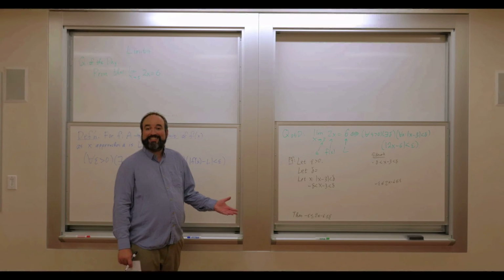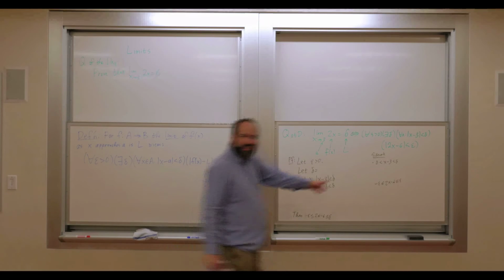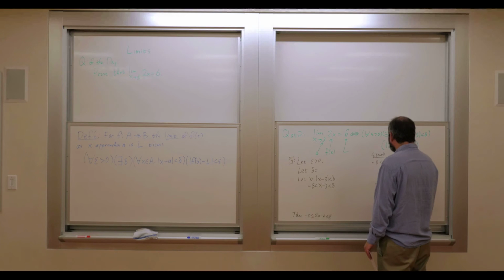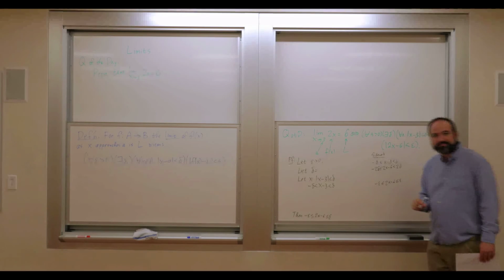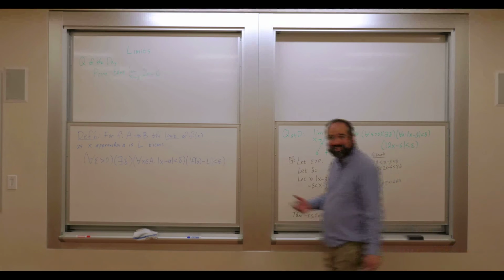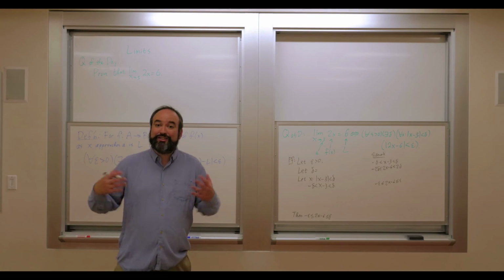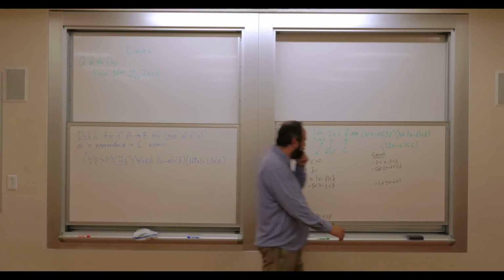Well, 2x minus 6 is just twice x minus 3, right? So if I take this set of inequalities and I multiply it by 2, I get 2x minus 6 is at most 2 delta and is at least negative 2 delta. Okay, that looks promising. I've gotten down to my 2x minus 6, smaller than something and larger than something.